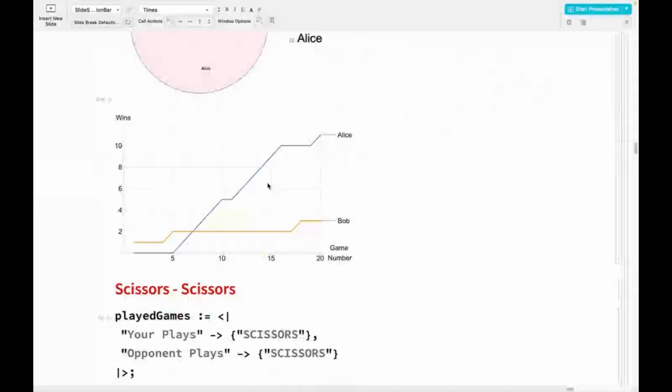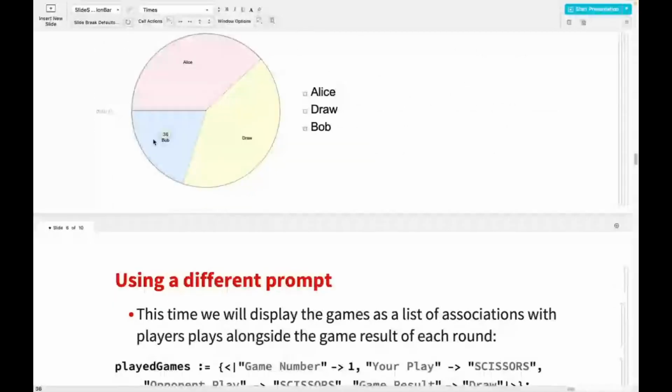So adding all the results together, I think it's around 40% win rate for Alice and 20% win rate for Bob. Now I tried a different prompt.